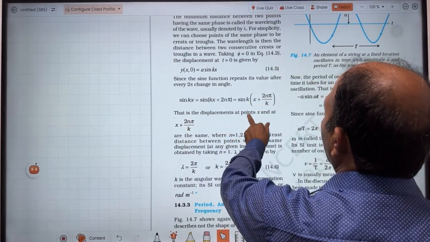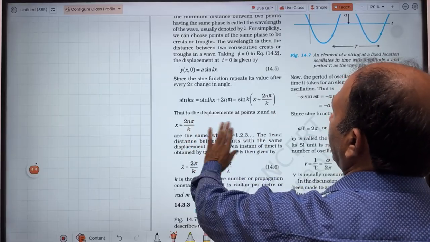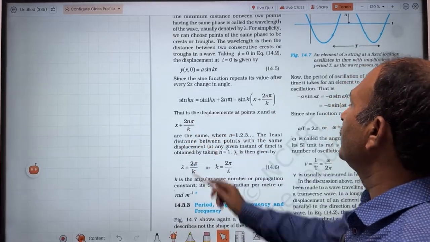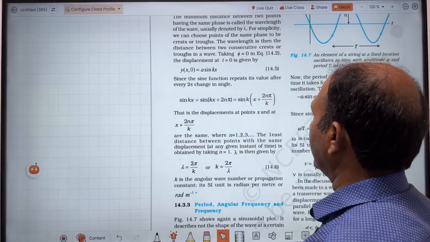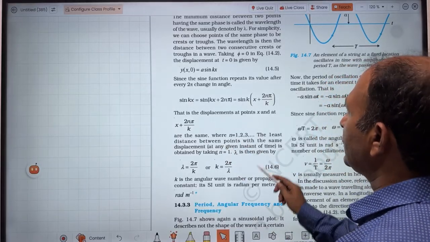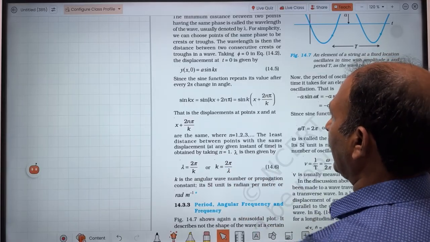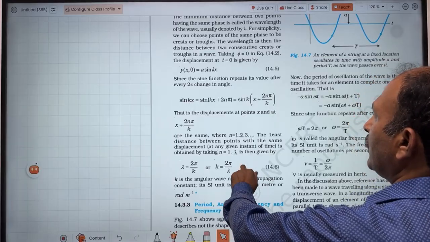So the displacements at point x and at x + 2nπ/k are the same, where n can be any natural number like 1, 2, 3, 4. The least distance between two points with the same displacement at any given instant of time is obtained by taking n = 1.